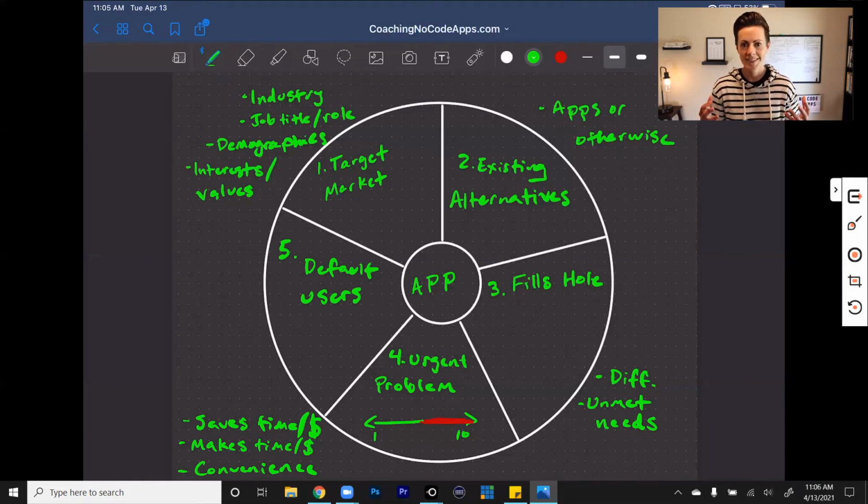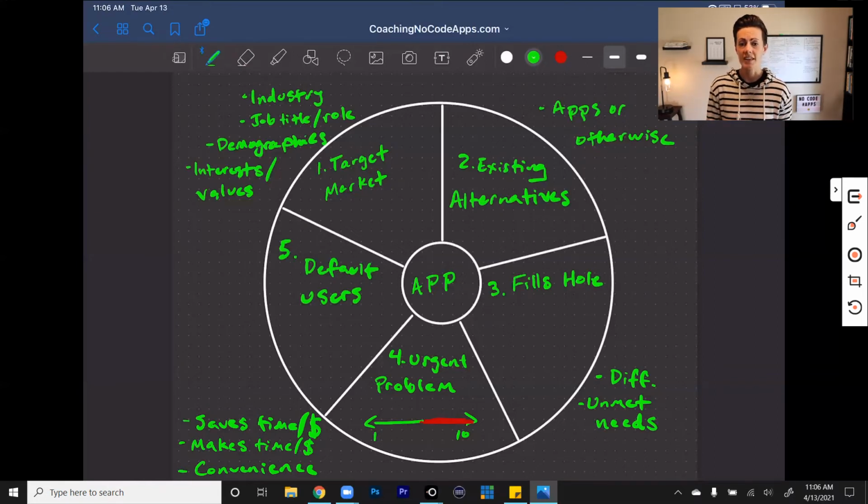When you have some tie to the industry you're building your app for, whatever it is, then you automatically are going to have a set of default users, right? This is what we call them with our clients, at least, your default users. So people who are going to be kind of like low-hanging fruit for you to reach out to when you're ready to start testing your app. Okay.